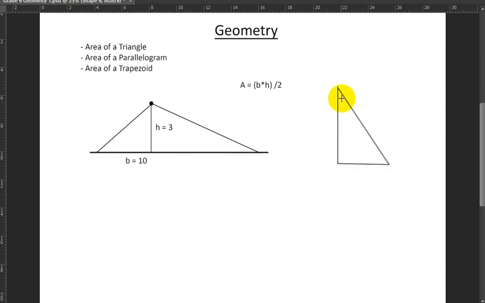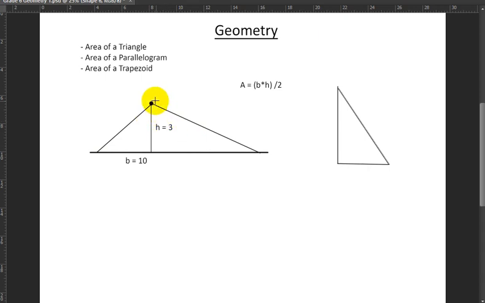The base and the height are two of the sides of the right triangle, because that's one of its properties. But in a normal scalene triangle, where there is no right angle, the height is not one of the sides of the triangle. See this line here? I didn't make it originally as a part of the triangle. Remember, I added it on later. It is the distance between this point and this line.